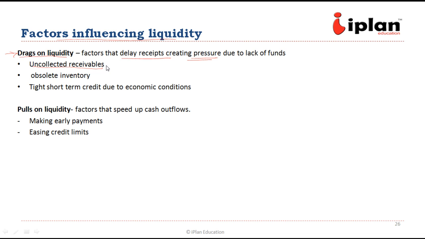So that puts a pressure on the liquidity condition. Second is obsolete inventory, which we have not been able to sell. So again, that also puts pressure on the liquidity since we have already invested in raw material. And the third is tight short-term credit due to economic conditions, where we are not getting credit for sufficient time. So that puts a pressure on liquidity.